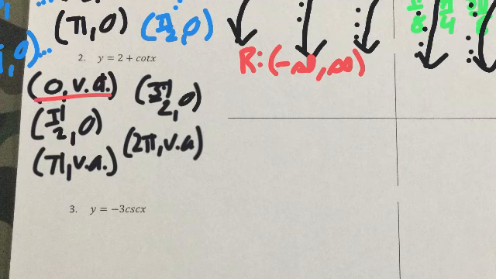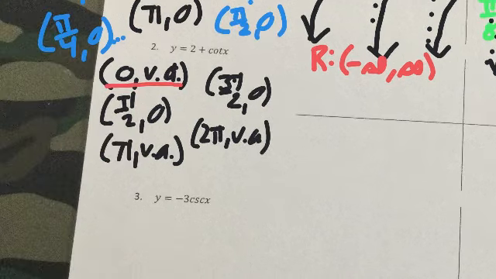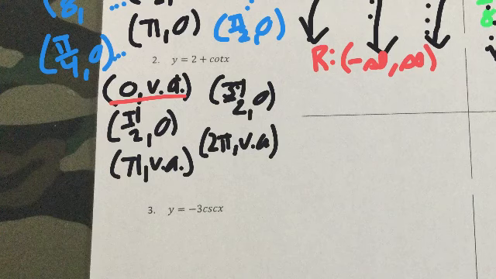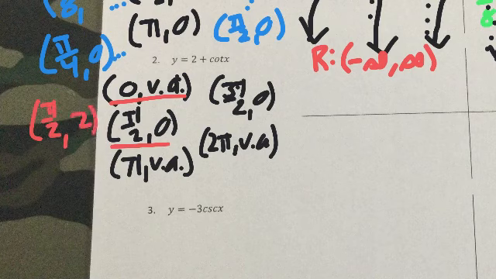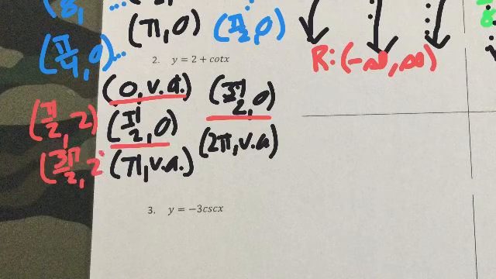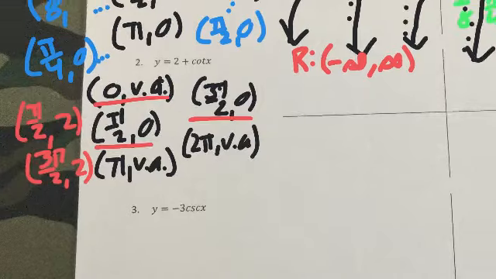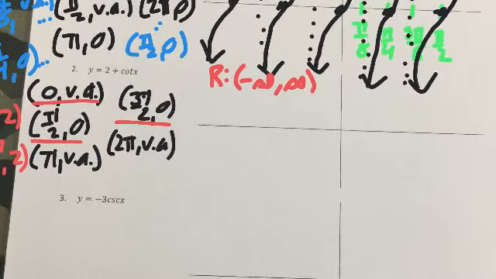It's still an asymptote. But right here, it's going to change where the snake part happens. So now instead of happening at pi over 2, 0, it's going to happen at pi over 2, 2. And here, instead of happening at 3 pi over 2, 0, it's going to happen at 3 pi over 2, 2. So those are the only points that change because asymptotes do not change.